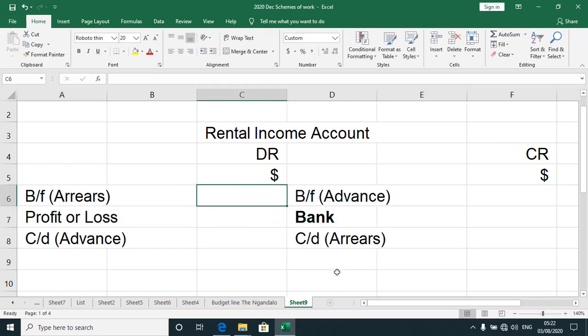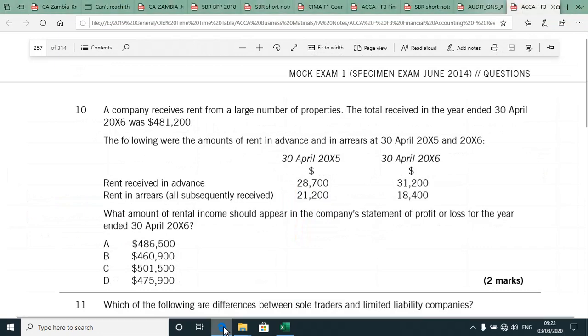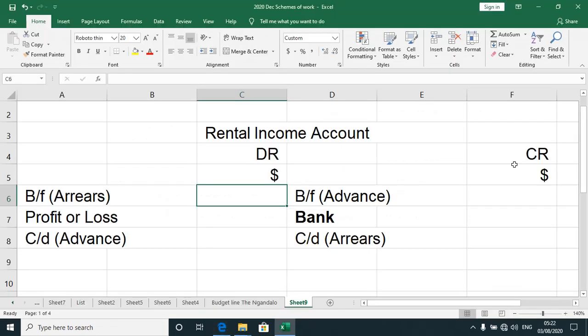So I start now and I begin to populate my account so that you can also follow. Let's begin. We are told that the total amount received in the year is 481,200. By the way, the requirement is what amount of the rental income should appear in the company statement of profit or loss. 481,200 comes here.